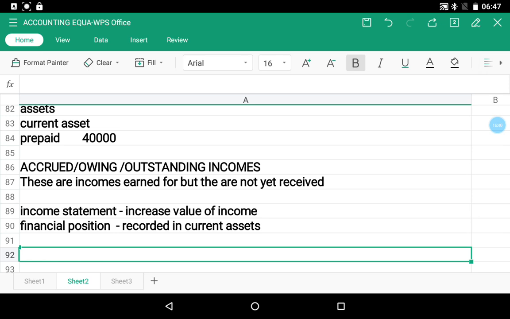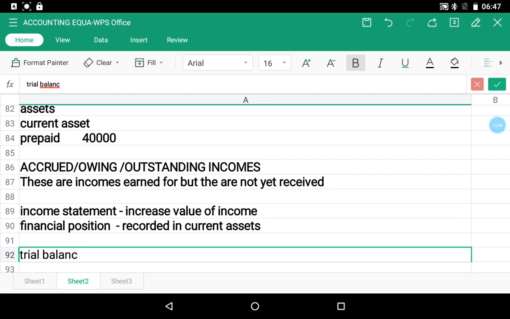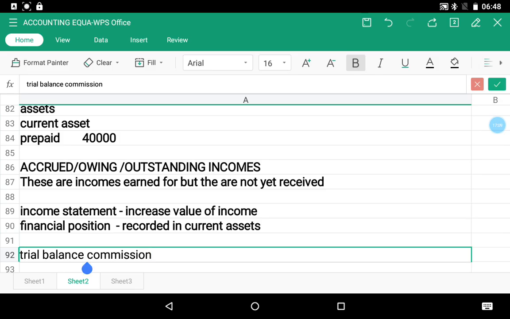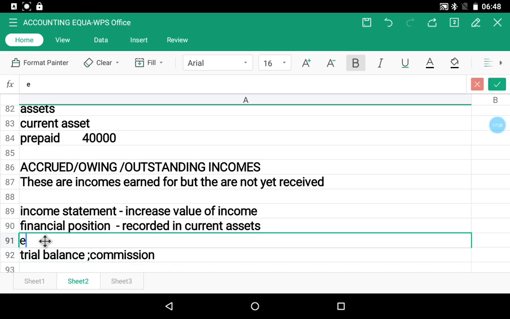Now let us see how it is treated in the financial statements practically. So here we are going to say we have our trial balance. Under our trial balance, we have commission, and our trial balance is showing us commission received. It is some example.